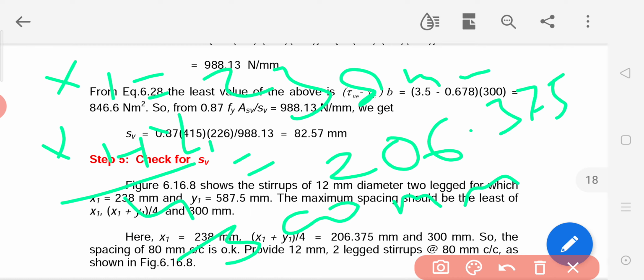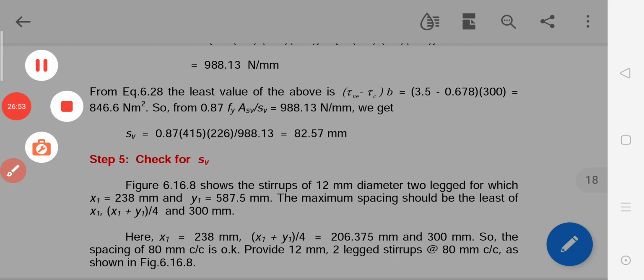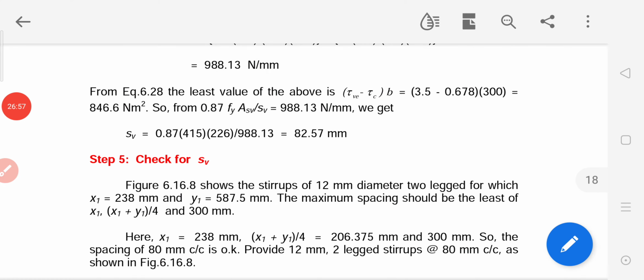So the spacing 80 mm center to center is okay. Provide 12 mm two-legged stirrups at the rate of 80 mm center to center as shown in the figure. Thank you.